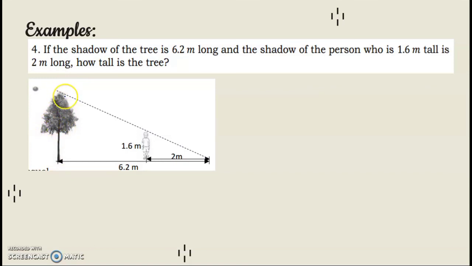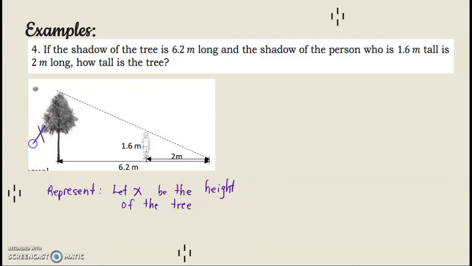So paano yan? So mag-represent muna tayo. So let x be the height of the tree. Ito na si x. Okay?